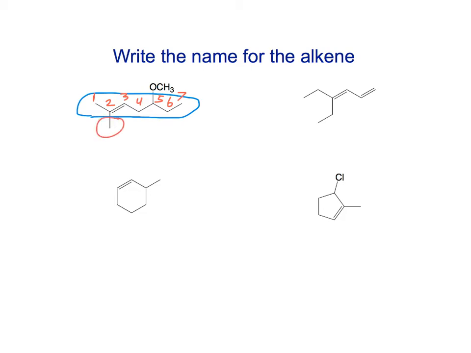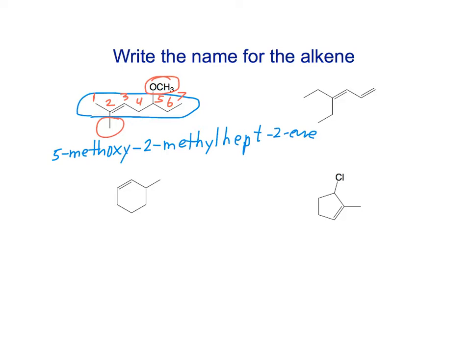We have our methyl group at 2 and a methoxy group at 5. So 5-methoxy, 2-methyl, hept-2-ene.